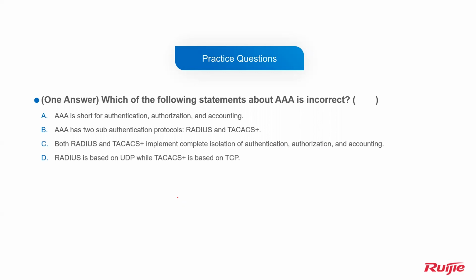C, both RADIUS and TACACS+ implement complete authentication, authorization, and accounting. No, of course, RADIUS cannot isolate authentication and authorization. And D, RADIUS is based on UDP, while TACACS+ is based on TCP. It's correct. Here we choose C.